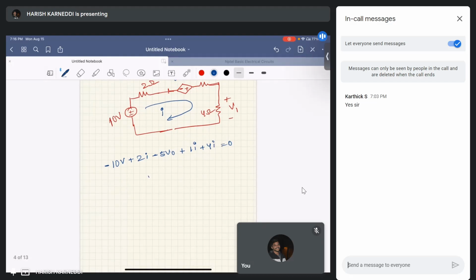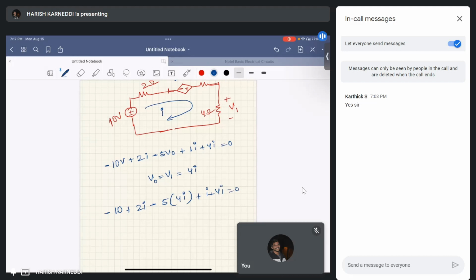And this V naught is V1, so V1 equals 4 into I. I'm just substituting this into the equation: minus 10 plus 2I, and instead of 5 V naught, I'm replacing V naught with 4I, plus I plus 4I equal to 0.